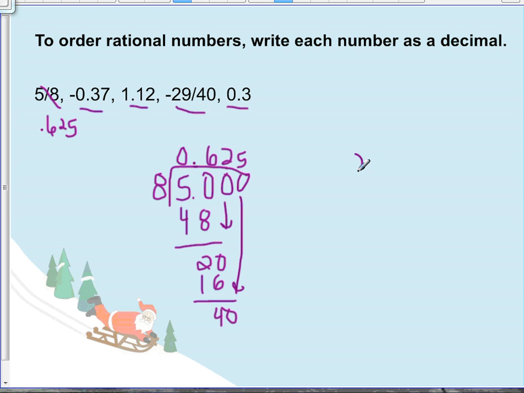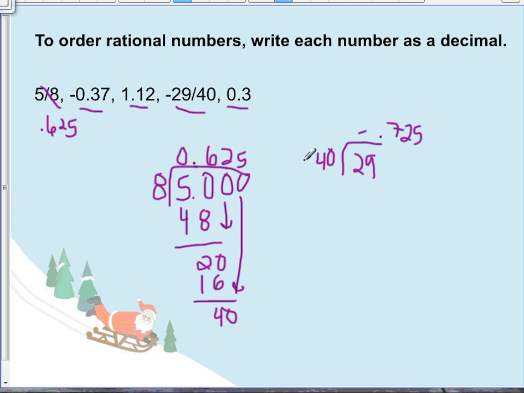We'll set it up as 29 divided by 40. And I'm just going to quickly do the calculations. So it would actually be 0.725. And we have to remember that this fraction is negative, so it's actually negative 0.725.